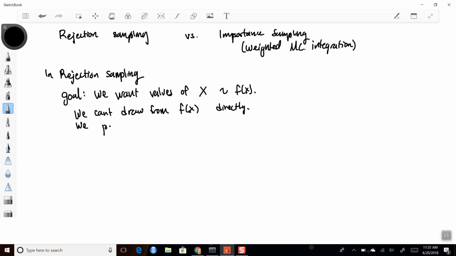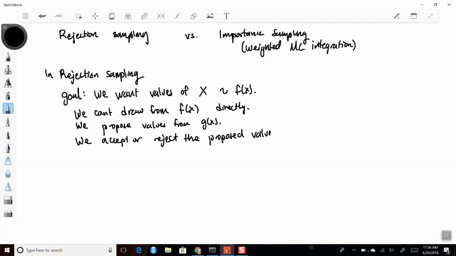So what we do is we propose values from g of x, and either we accept or reject the proposed value based on f of x over m times g of x.